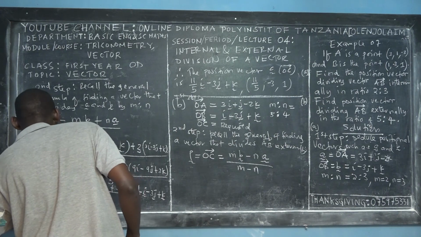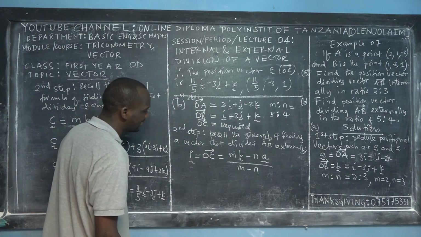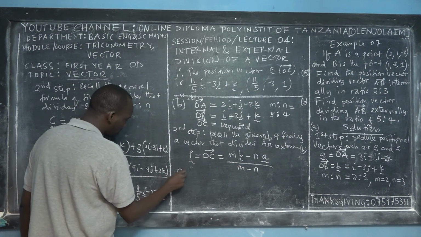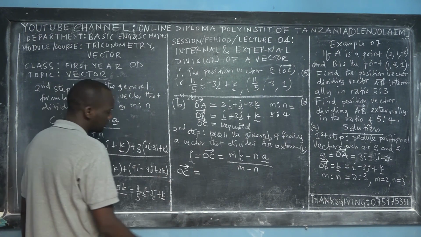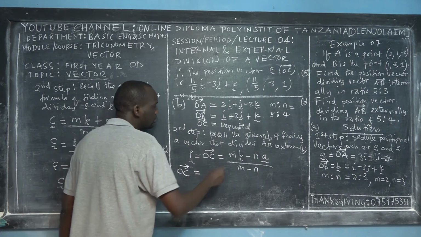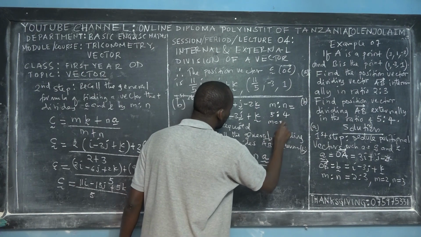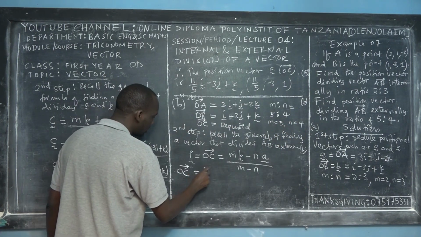Simple like that. That's why I told you that in our online school, we simplify stuff. So now we say positional vector OC, which divides displacement vector AB, is equal to M times positional vector OB minus N times positional vector OA, divided by M minus N. Today M is 5, right? So M is equal to 5, and N is equal to 4, just to eliminate the confusion.